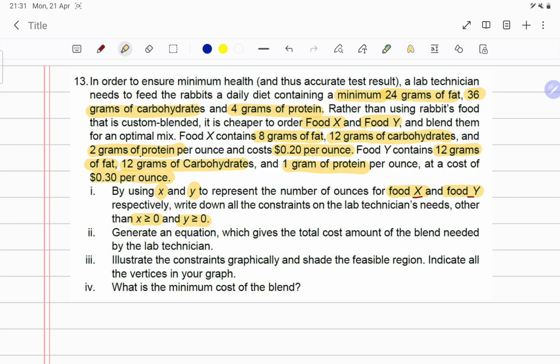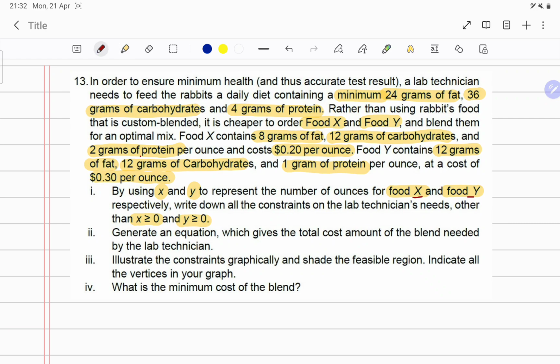It means that this is actually a non-negative constraint, meaning that our value of x and our value of y must be 0 and above, because this is the number of ounces, which means the value of x and y cannot be negative. So the constraints that we need to write down are the constraints except for x greater equal to 0 and y greater equal to 0.